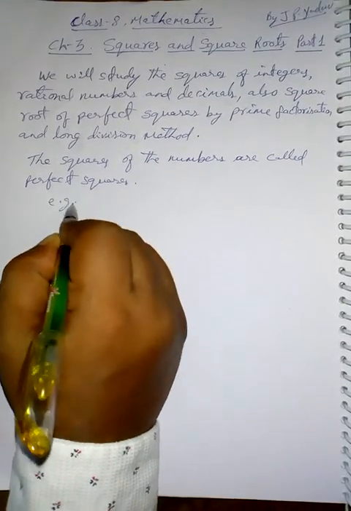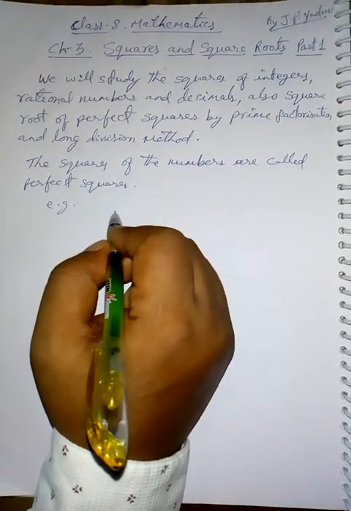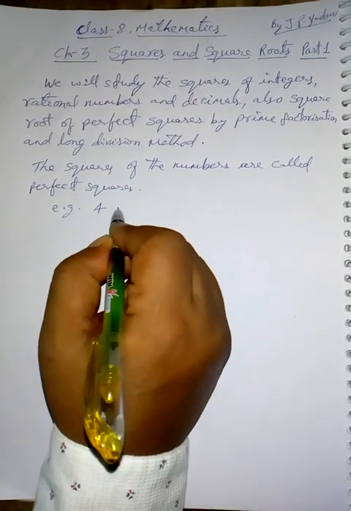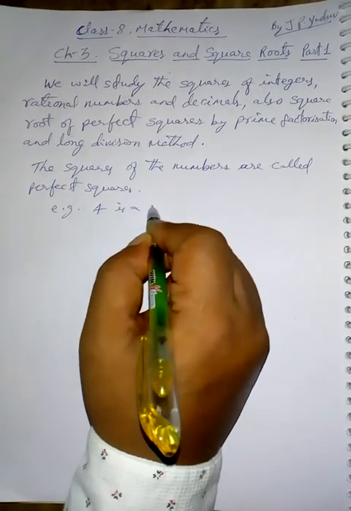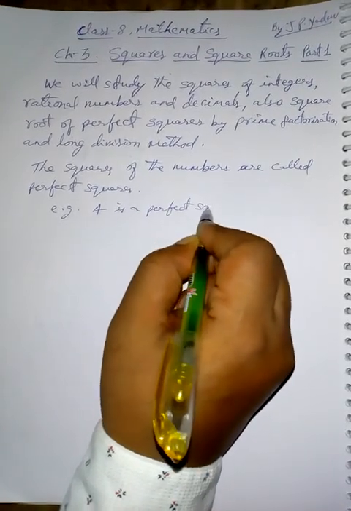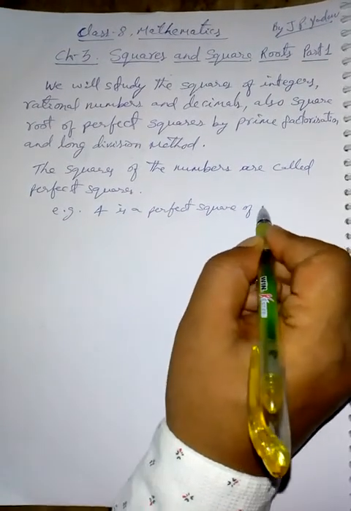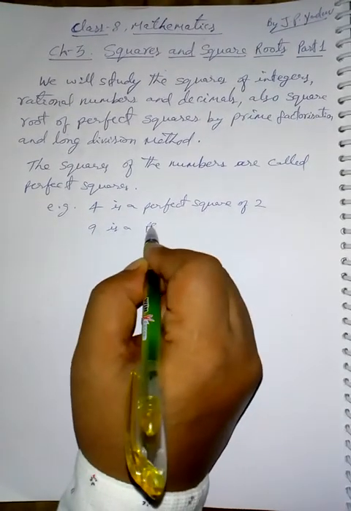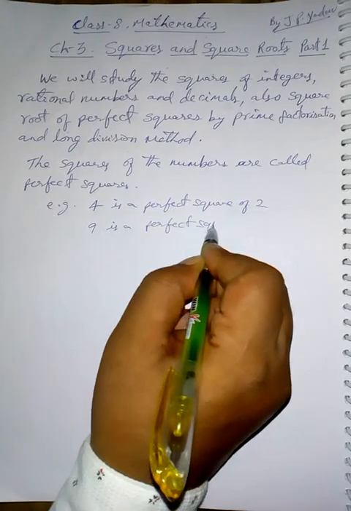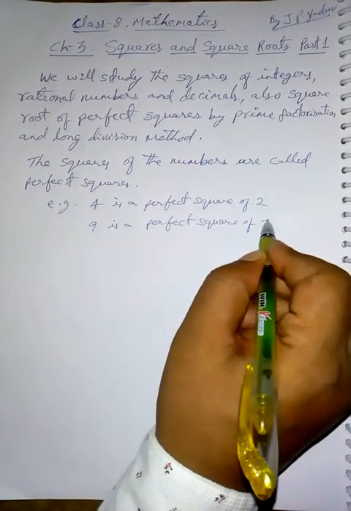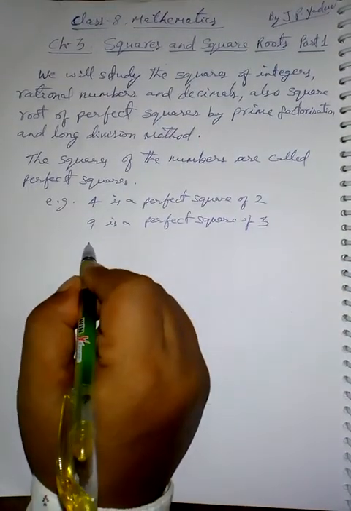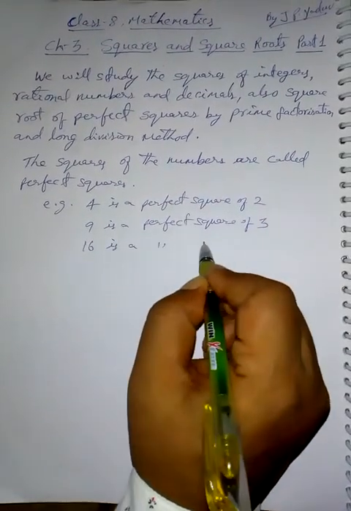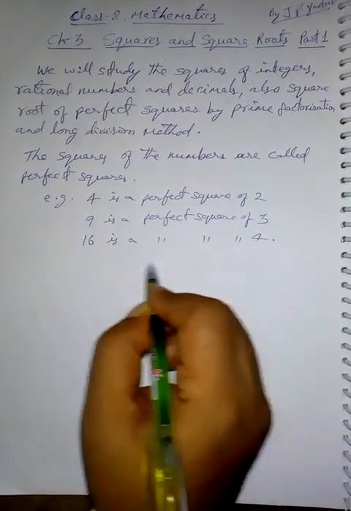Example, 4 is a perfect square of 2. 9 is a perfect square of 3. 16 is a perfect square of 4, and so on.